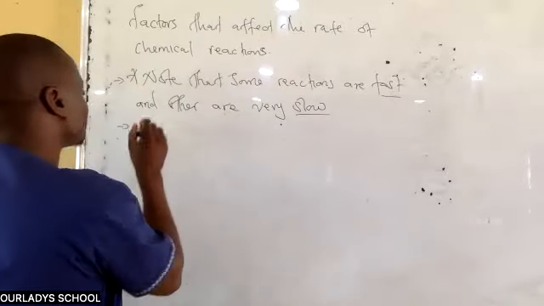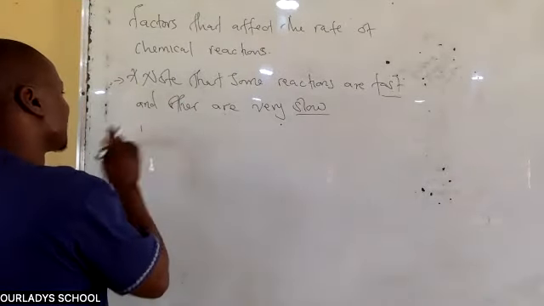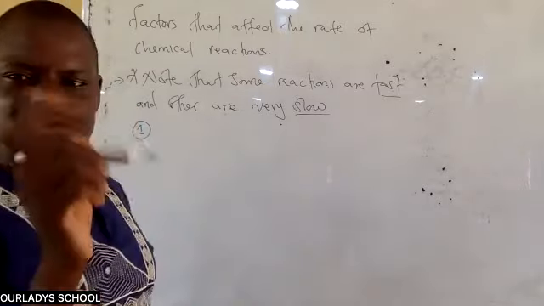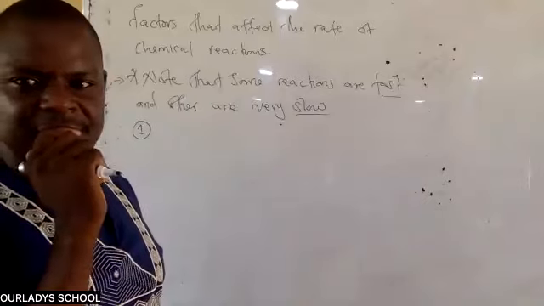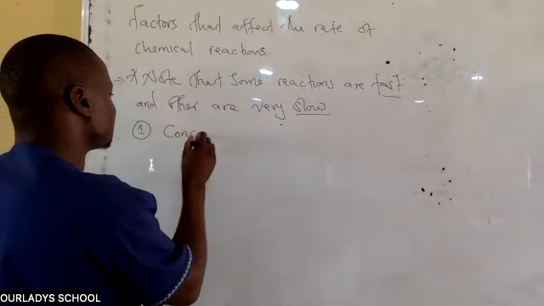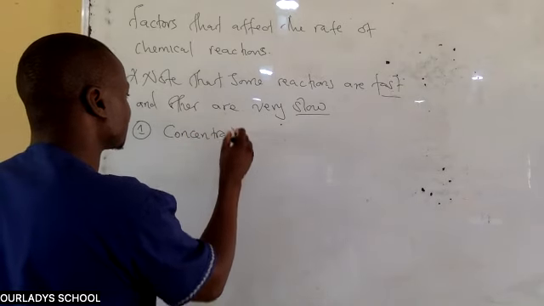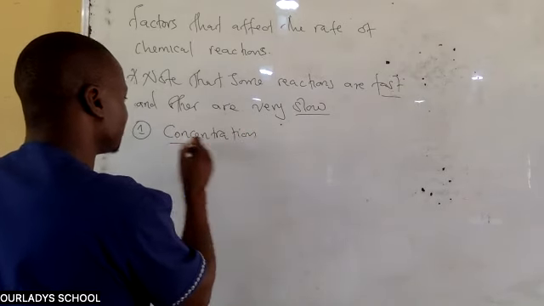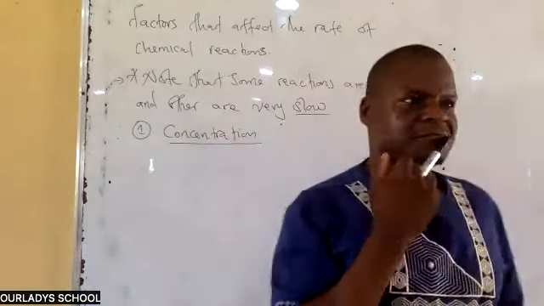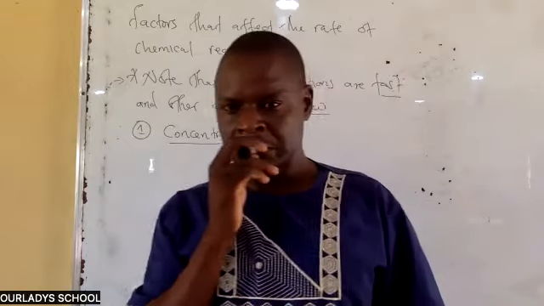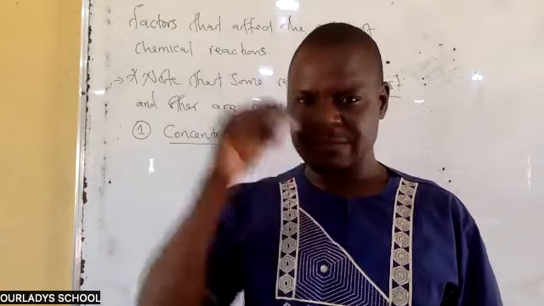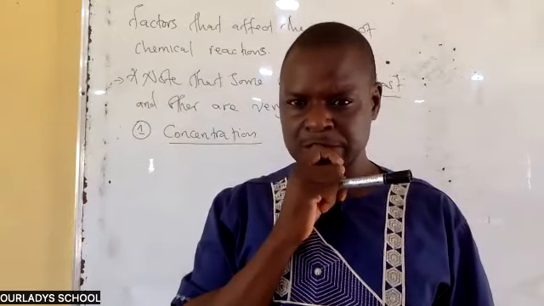So the factors that we are going to look at are quite a lot, but I'll just give one which we will discuss within the limited amount of time that I'm remaining. And this factor is called concentration. What is concentration from a stoichiometry point of view? Concentration, we're talking about the amount of solute dissolved per liter of a solvent.